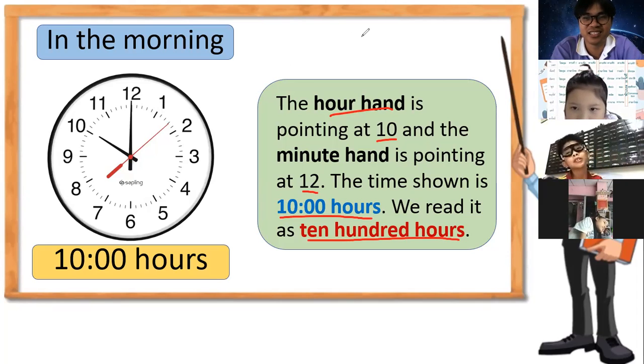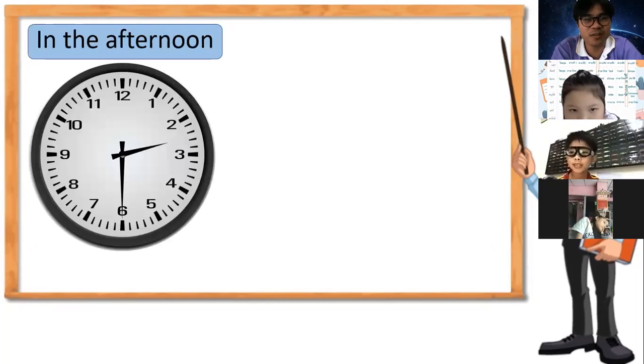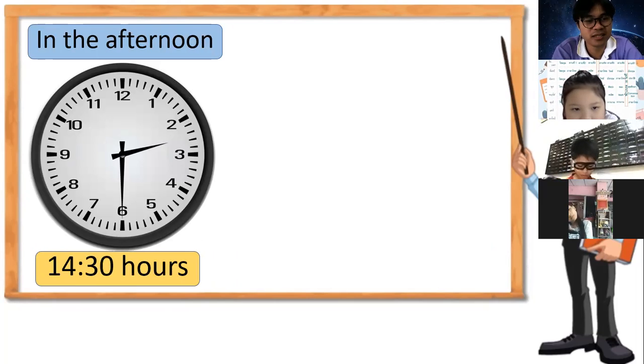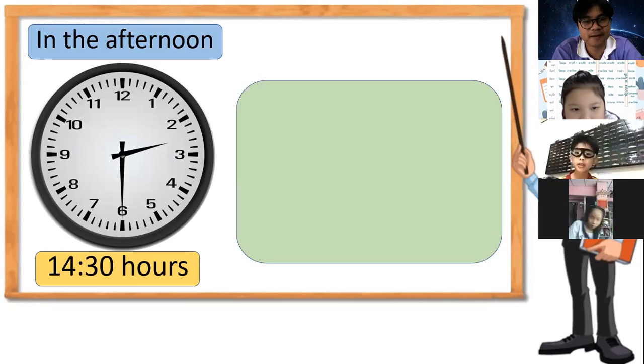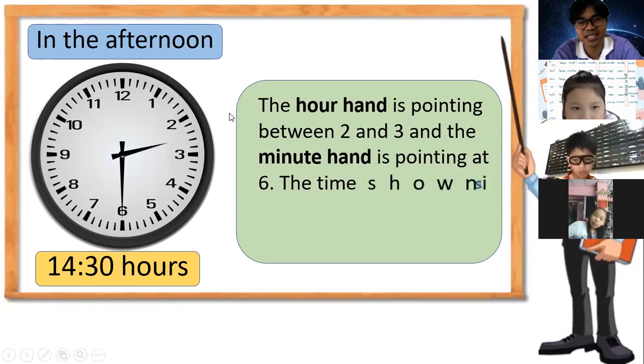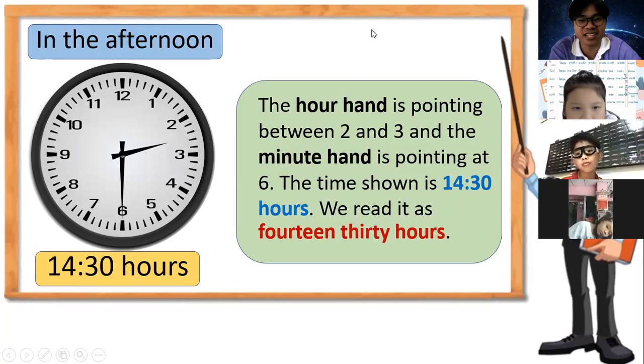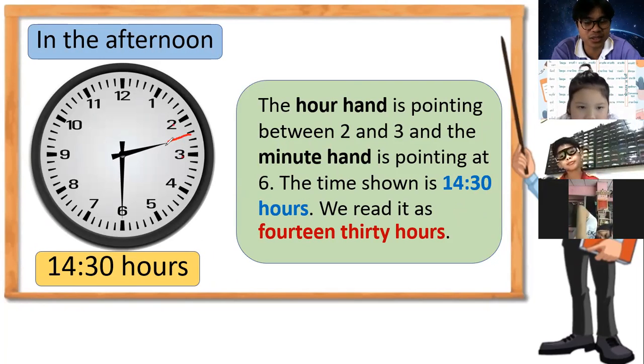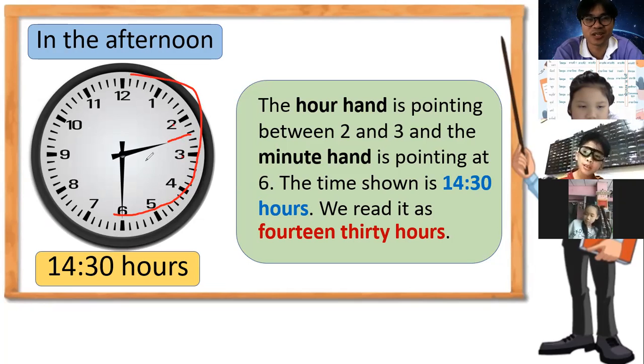All right. Another example here. How about in the afternoon? The time shown here, what is it? The hour hand is pointing between 2 and 3, because the minute hand is already at half, 30 minutes.